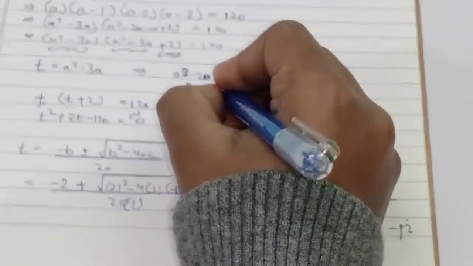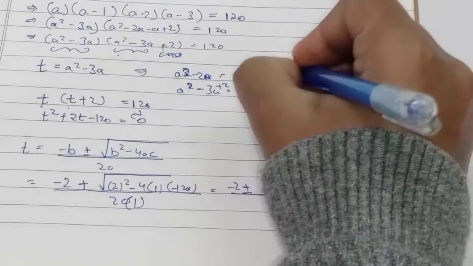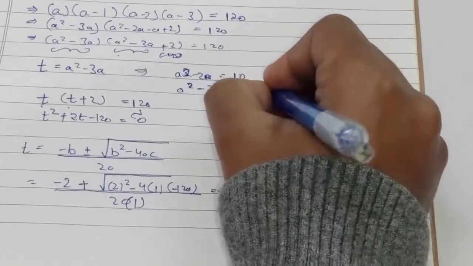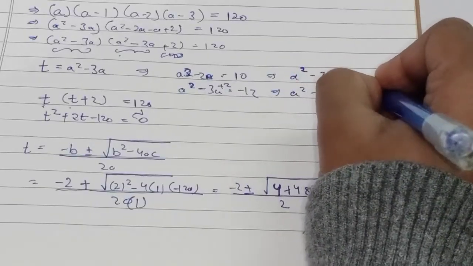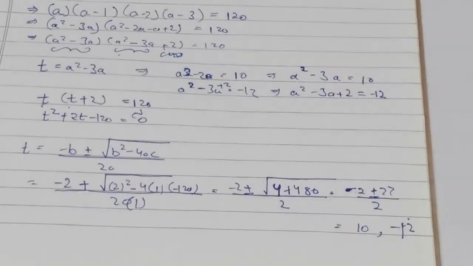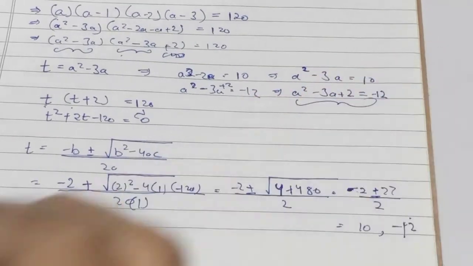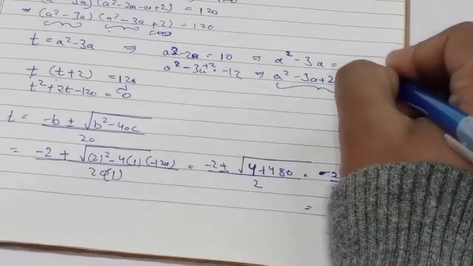We will have plus 2 here. Let me write that clearly. So a² - 3a = 10 is the first equation, and a² - 3a + 2 = -12. By a direct check we can conclude that the solutions for this one are not real, and since x is a real number, we will just remove this equation.